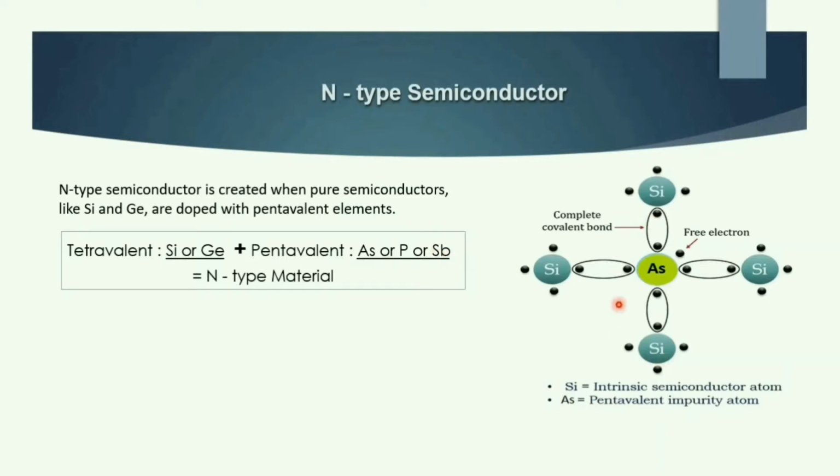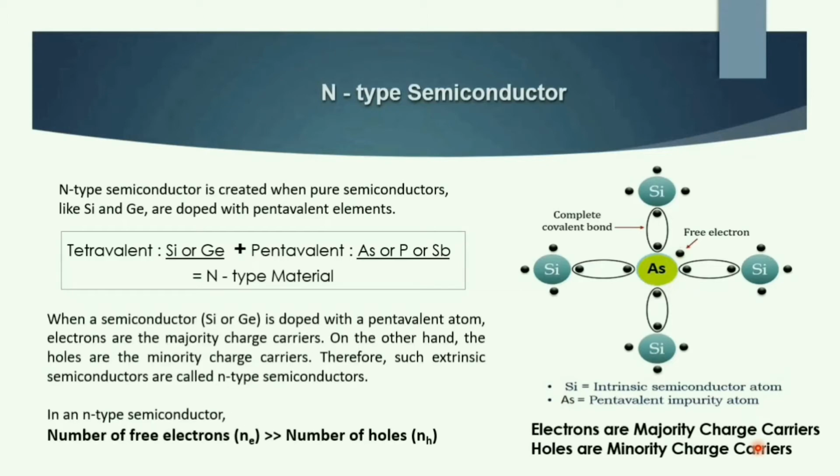As you can see in this diagram, with each pentavalent element atom, there exists one free electron. So, with the increase in doping, the number of free electrons in such material will increase. Hence, N-type materials have more number of free electrons as compared to holes.